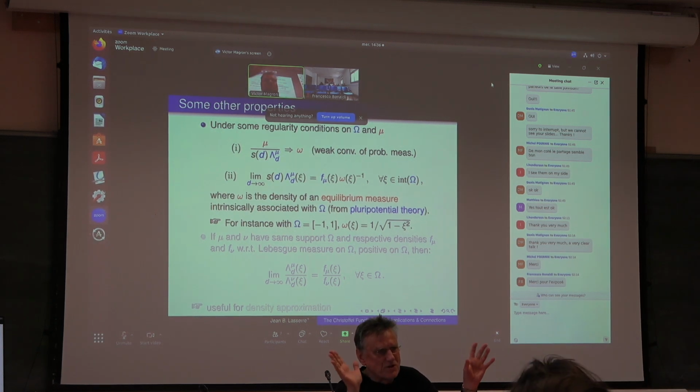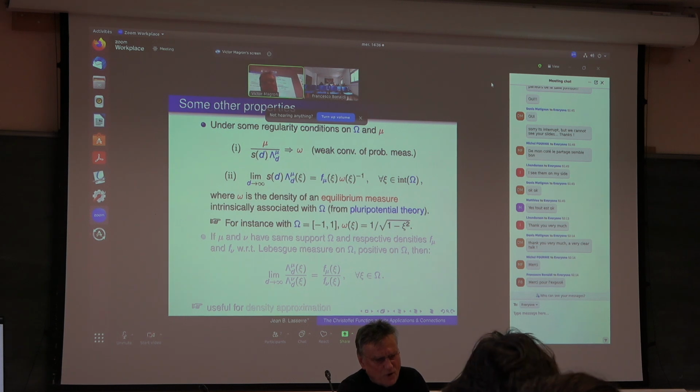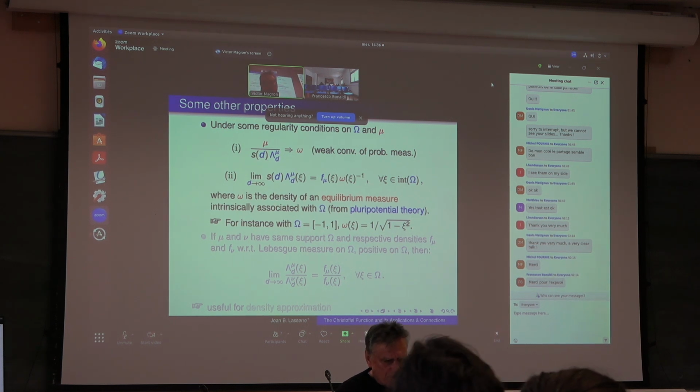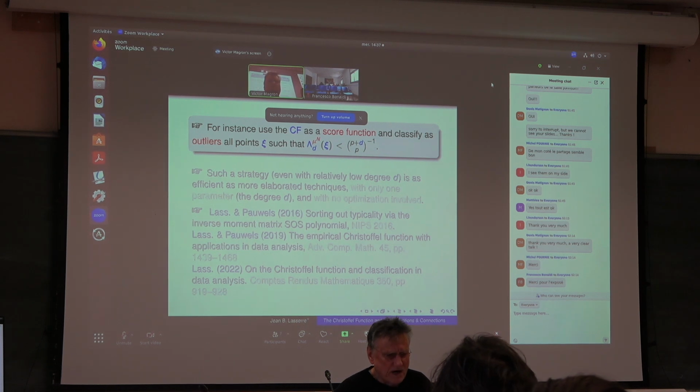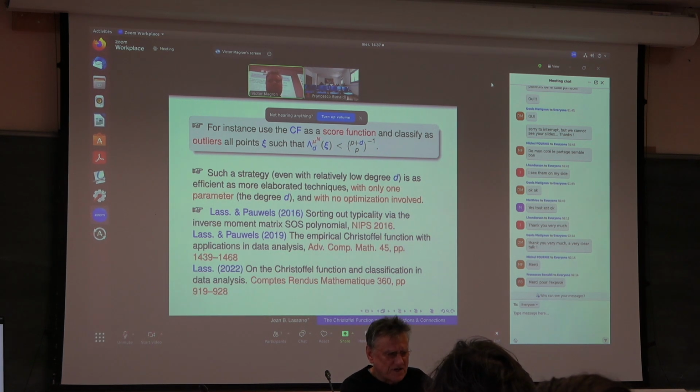So it doesn't tell you anything, but I just wanted to mention that property. Okay, and as I said, one application we found interesting in data analysis is how to use this in data analysis.